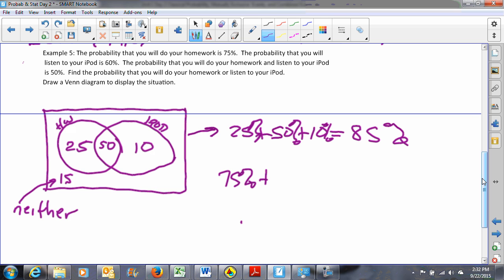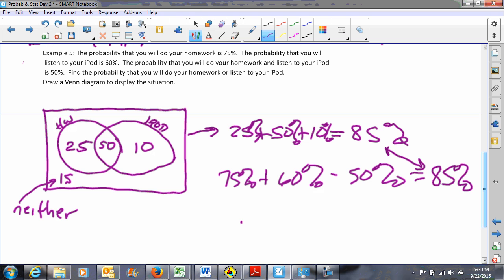The probability you'll listen to your iPod is 60%, and the probability you'll do both is 50%. So 75% plus 60% minus 50%. What is that? That's 135% minus 50%, which is 85%. So we get the same thing either way, okay, and that makes sense.